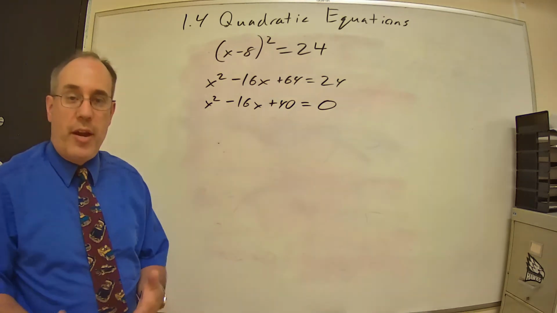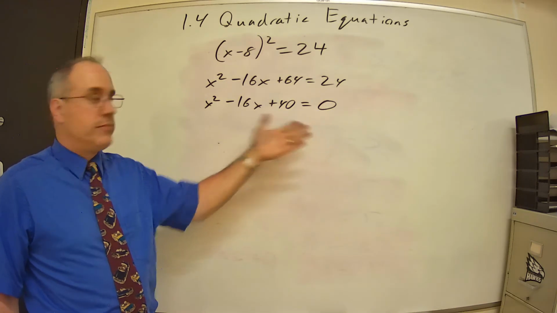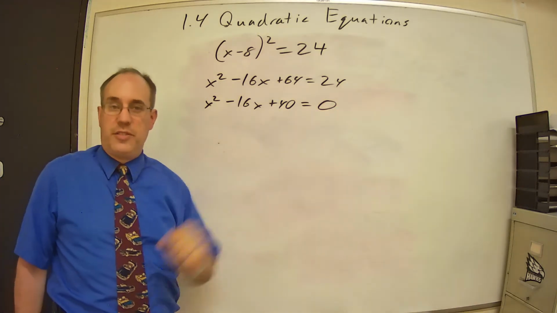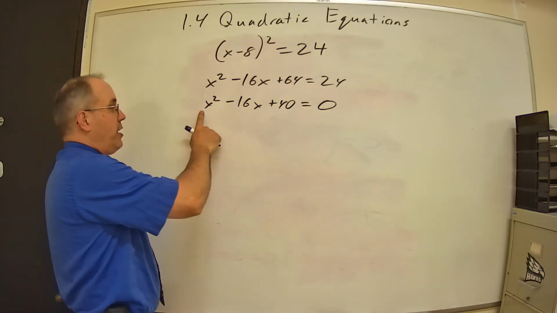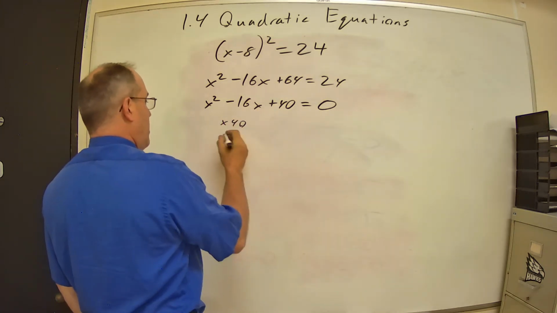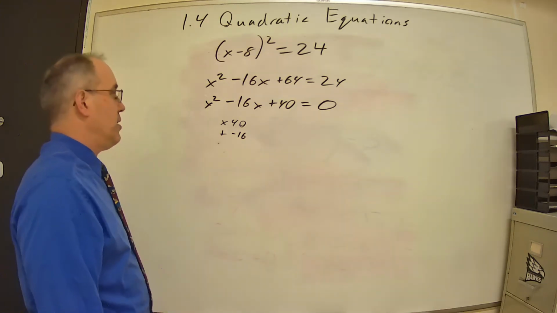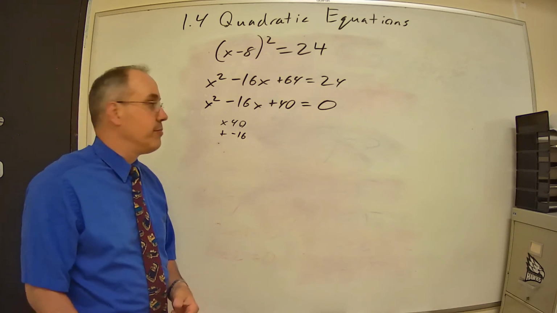So now I'm at a point where I can start to solve it. Right? I put it into the form of a quadratic equal to 0. Leading coefficient is 1, makes my life a little easier, so I want two numbers that multiply to 40 and add to negative 16. So they're going to have opposite signs, right?